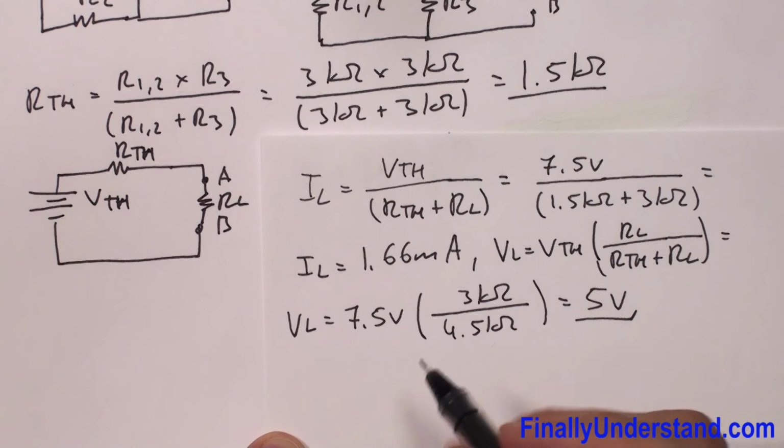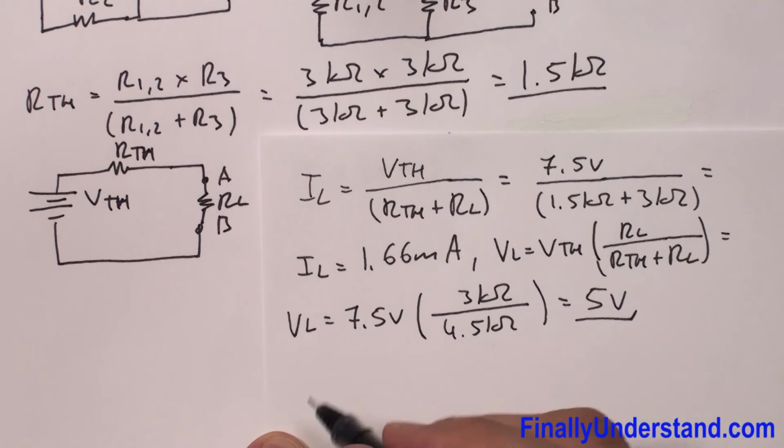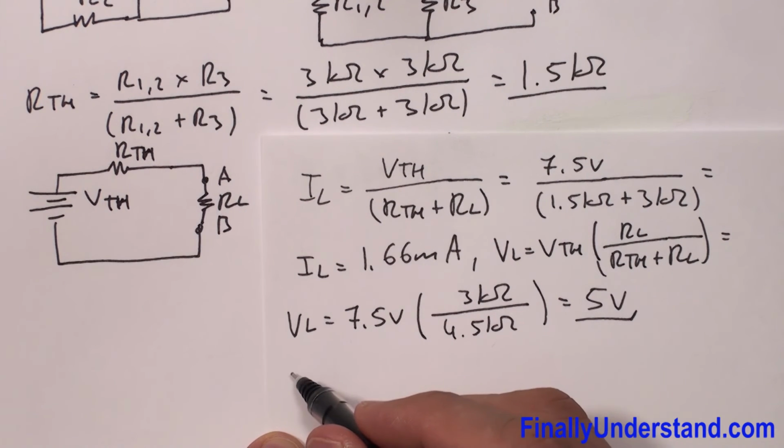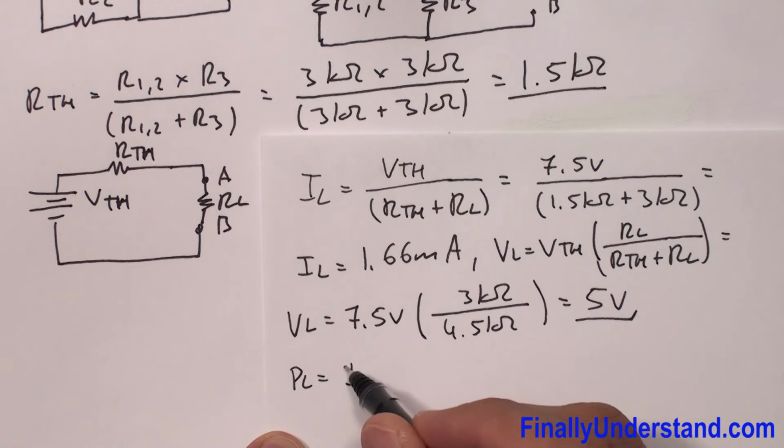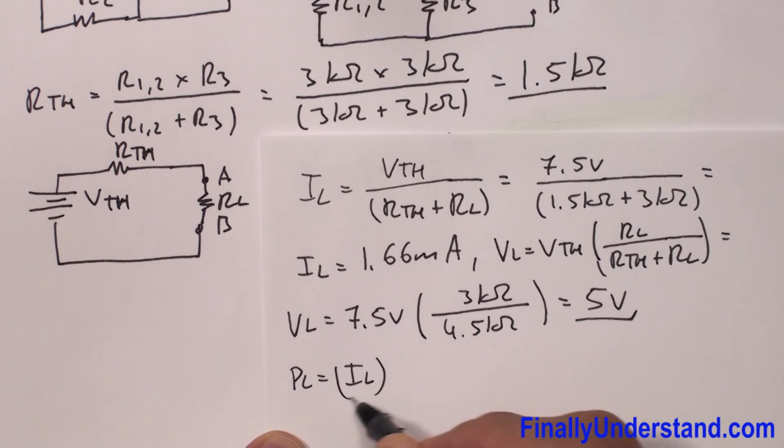If you want to find the power at the resistor RL, simply calculate PL is equal to IL squared times RL.